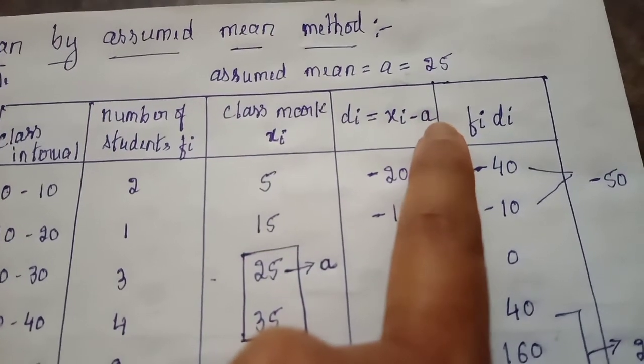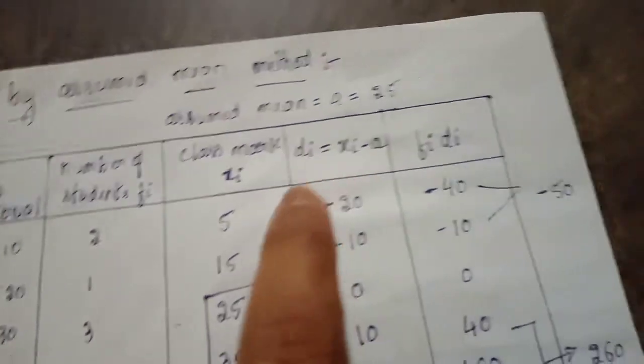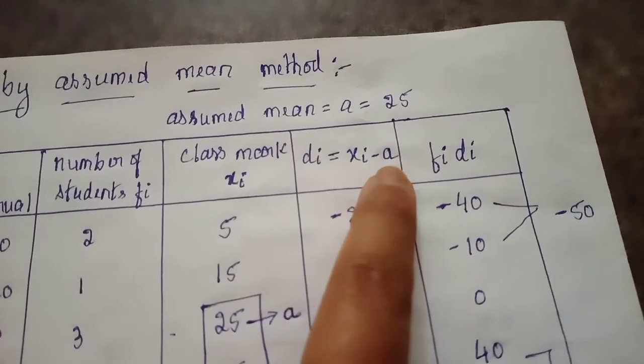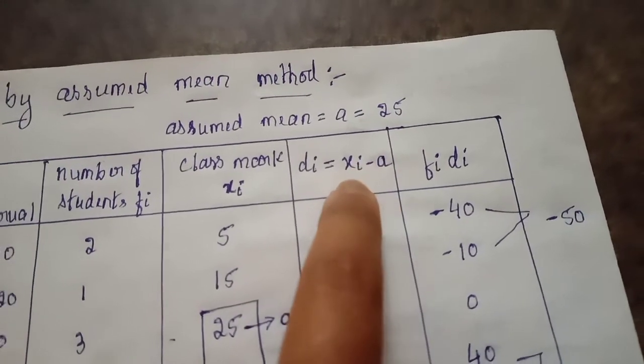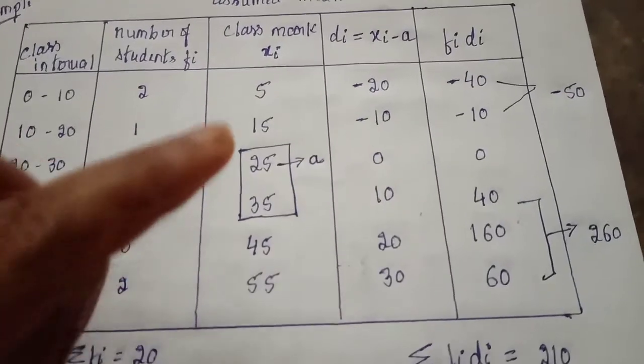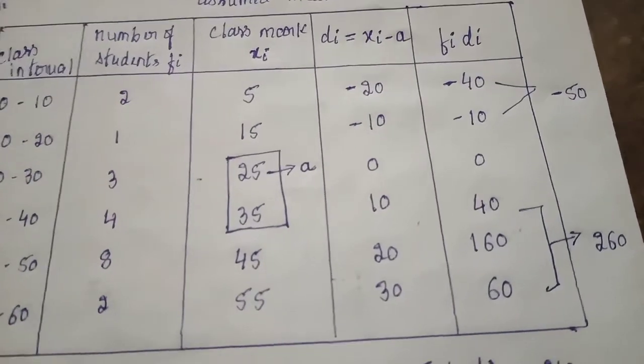This formula tells you that we have to pick a from xi. Then out of these many xi's, which is a?